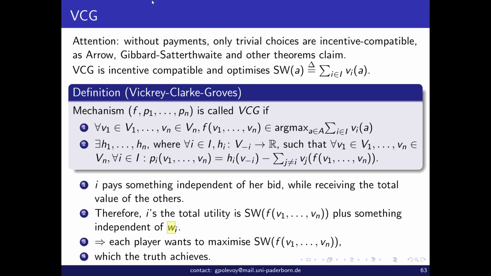Now, in order to maximize her own utility, therefore, since there is something you don't care about, what you want to maximize is what does depend perhaps on what you bid, and that's the social welfare. So each player wants to maximize the social welfare of what has been chosen.